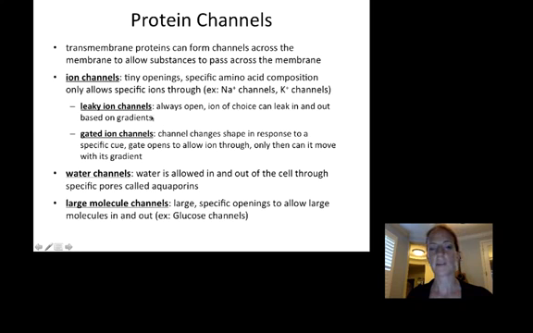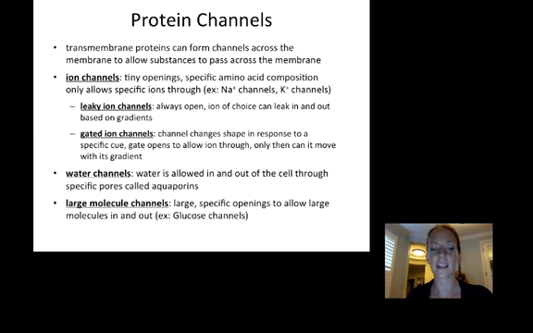Sometimes their gates are open all the time. If the gates are open all the time, then they're leaky ion channels, meaning that their ion can leak in and out. Other cases, more commonly, is that there needs to be a signal for the gate of the protein channel to open. Usually this is some kind of a cue, electrical or chemical cue that will open the gate and allow the ion through.